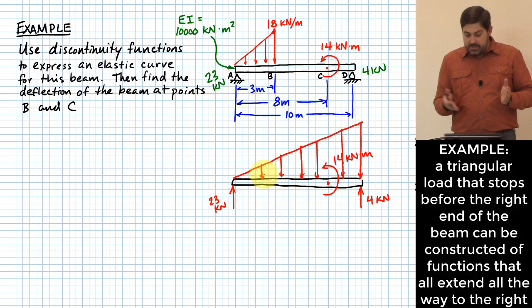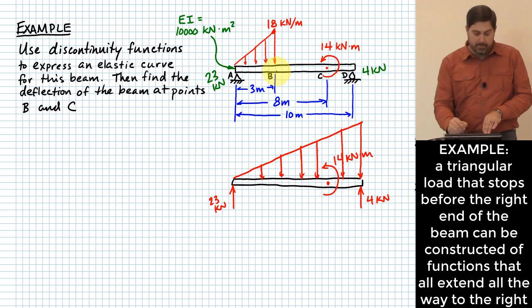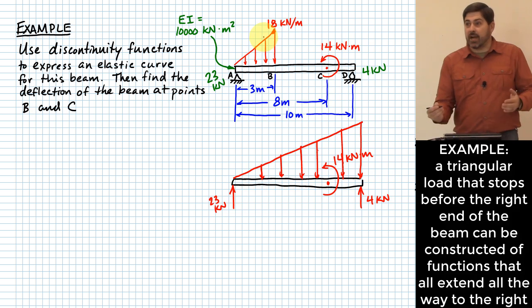Problem is, this isn't actually what we have, right? This triangular load stops at point B. Well, what would I have to do to turn this triangle that I just drew into the one it really is? I'd have to subtract a couple things, right?